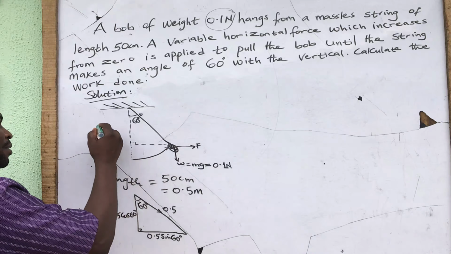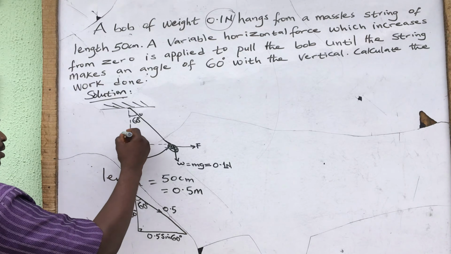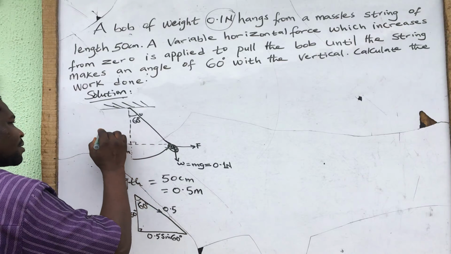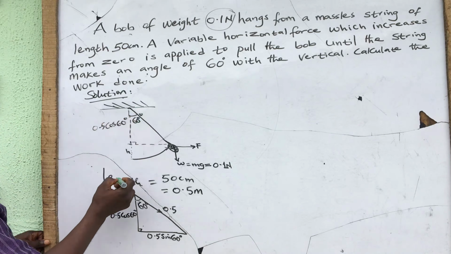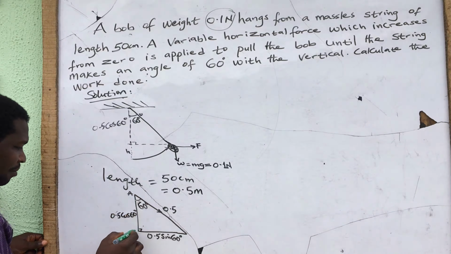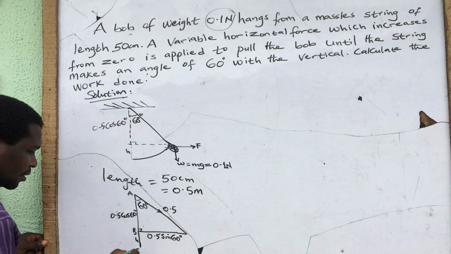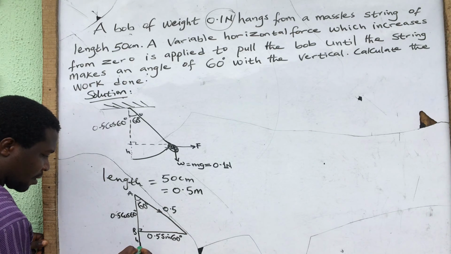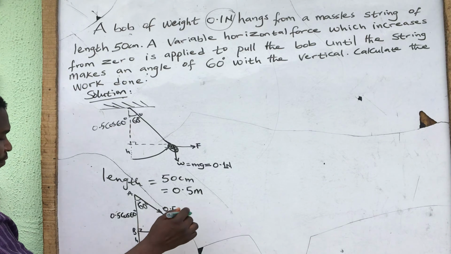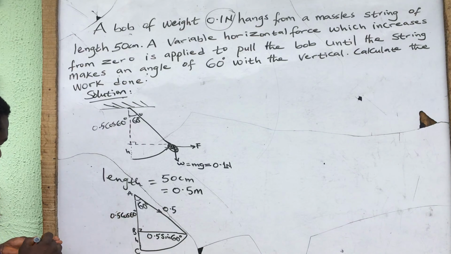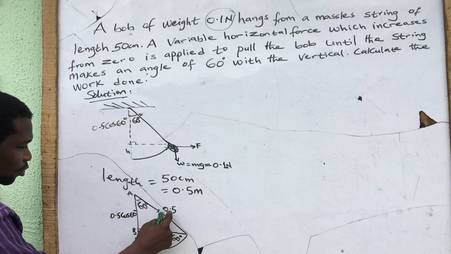Let's say this place is H, and this place is 0.5 cos 60 degrees. I can label this point A, then B, then point C. So from here we discover that the length A, B, C is equal to 0.5.